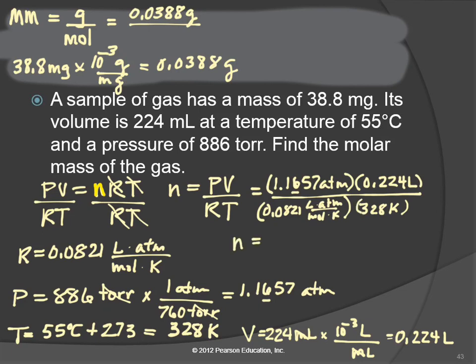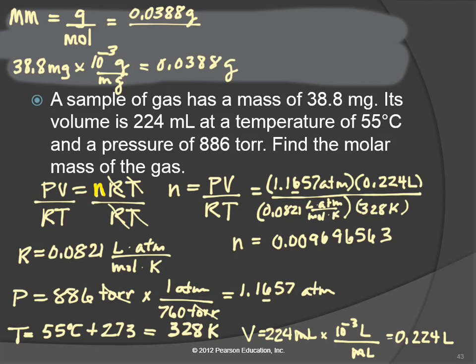So n equals 1.1657 times 0.224 divided by 0.0821 divided by 328, which is 0.009696563.